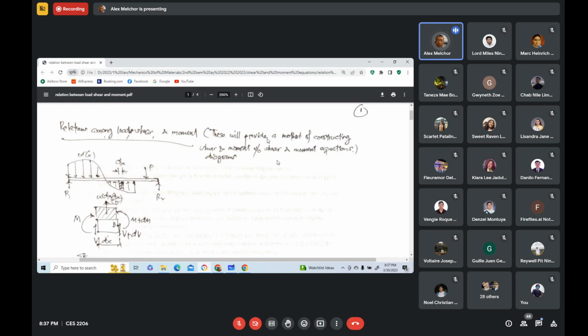I repeat, this will provide a method of constructing shear and moment diagrams without the shear and moment equations.